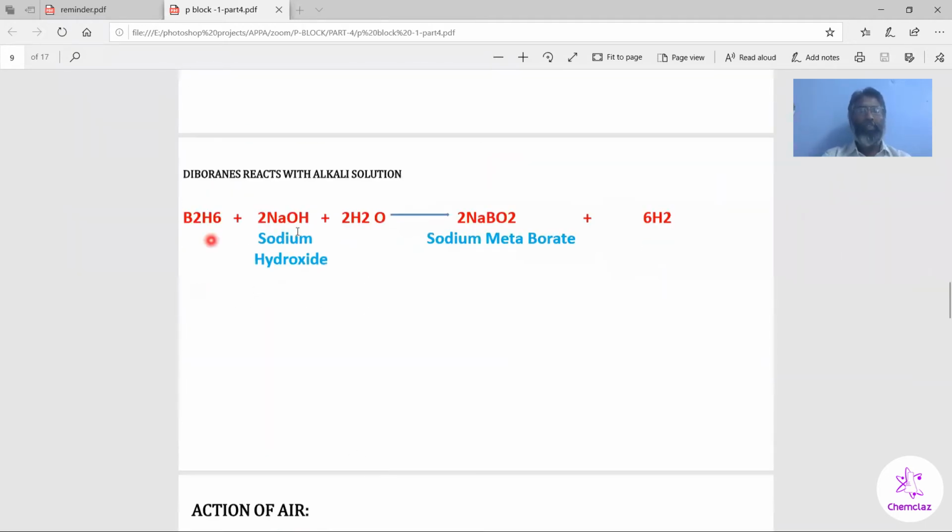Diborane reacts with the alkali solution and gives sodium metaborate. So 1 mole of diborane reacts with 2 moles of sodium hydroxide and 2 moles of water, which gives 2 moles of sodium metaborate.